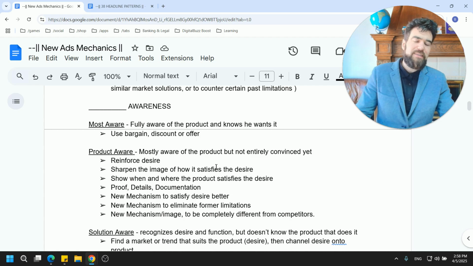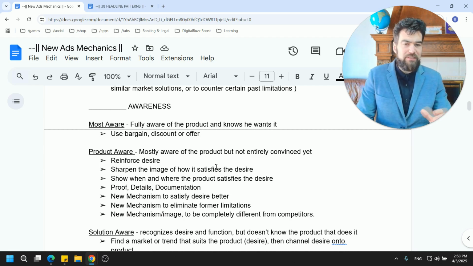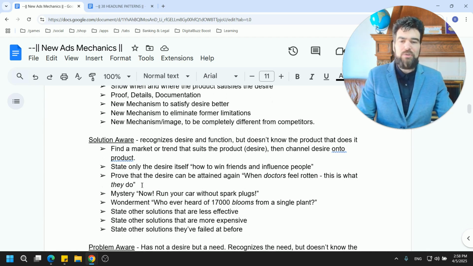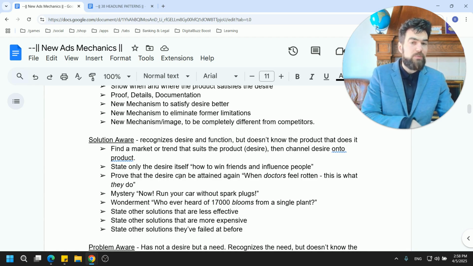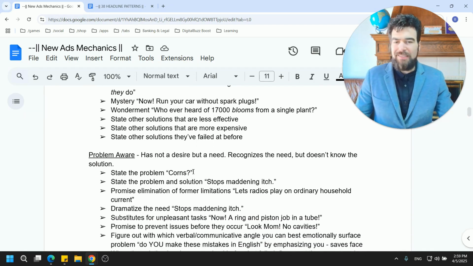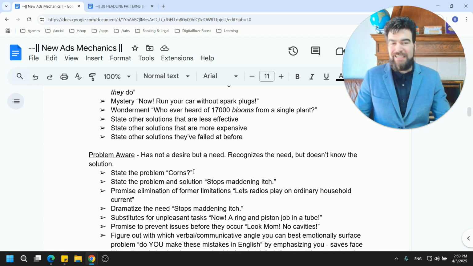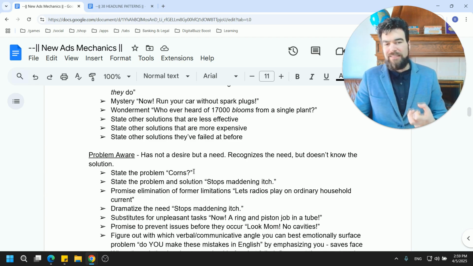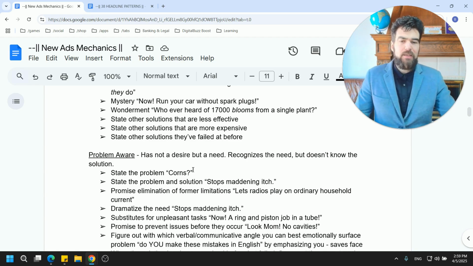For product aware, these are people that are aware of your products but not entirely convinced yet. Solution aware is basically they recognize the desire but don't know the product yet. Problem aware is people that don't really have a desire but more of a problem and needs, and they recognize the needs and they feel the problem but they might not know the solution.